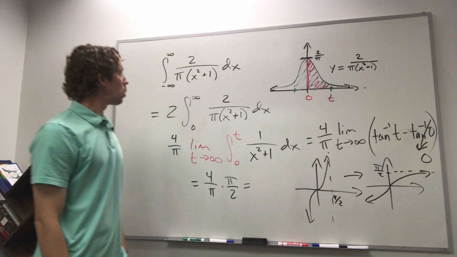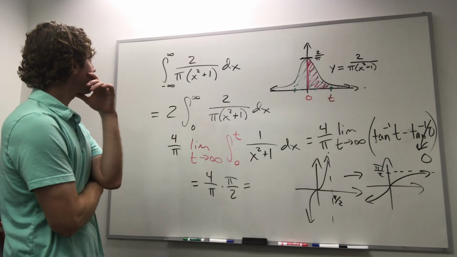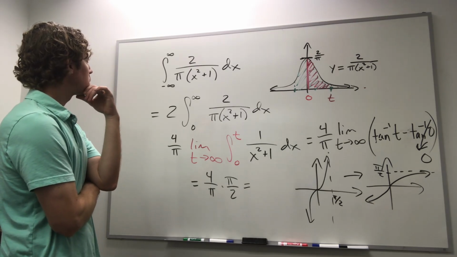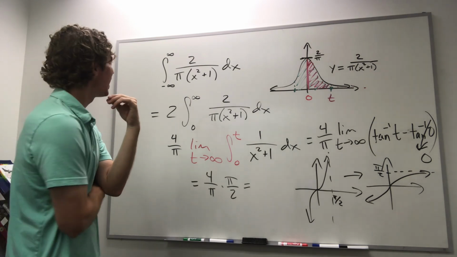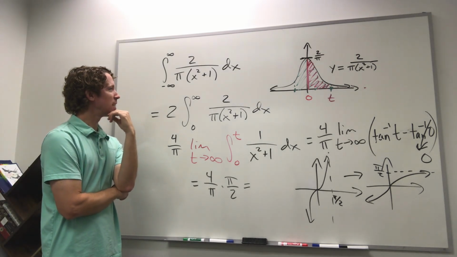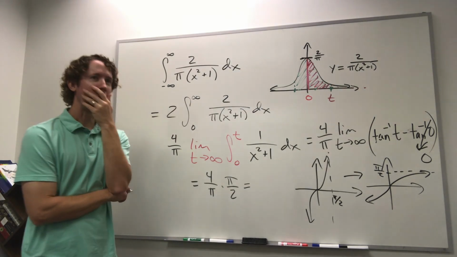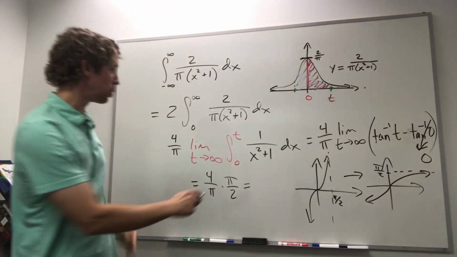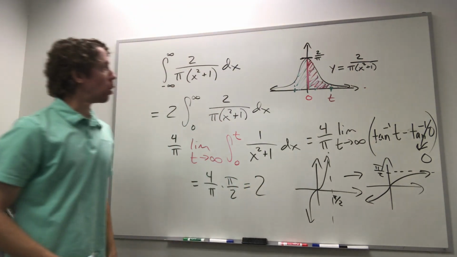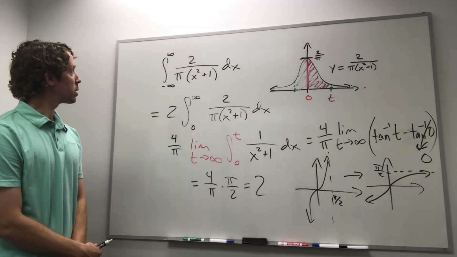And why am I getting 2 here? I think I set up this problem wrong. I wanted to get 1. I expected to get 1 instead of 2. So I must have set this up wrong.